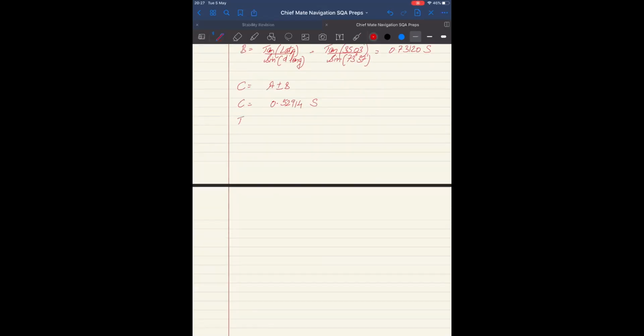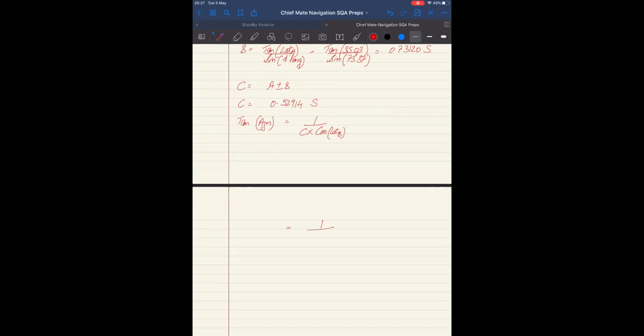Now, tan of azimuth is equal to 1 upon C into cos of your initial latitude, which is latitude B in this case.